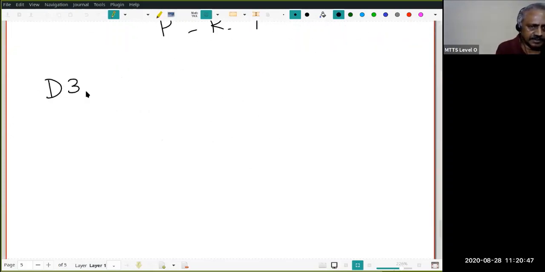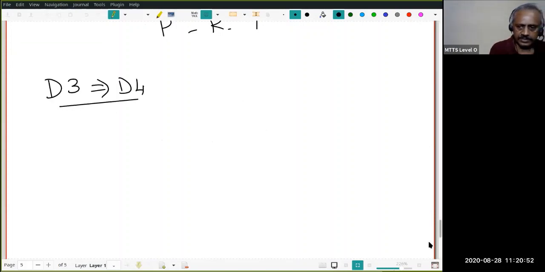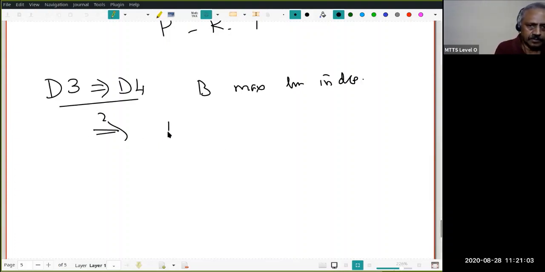Now let's say D3 implies D4. What is D3? D3 is that B is a maximal linearly independent set. Right? What do I have to prove? B is a linearly independent and spanning set.